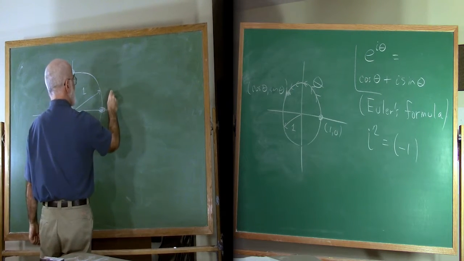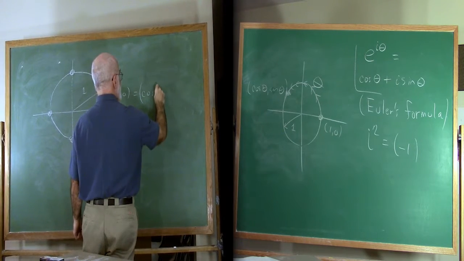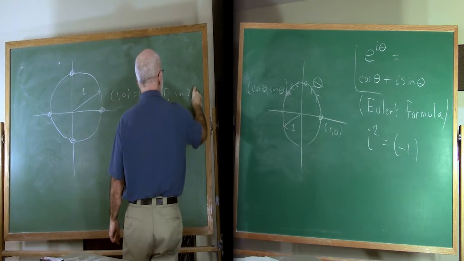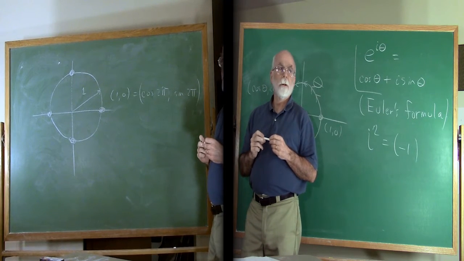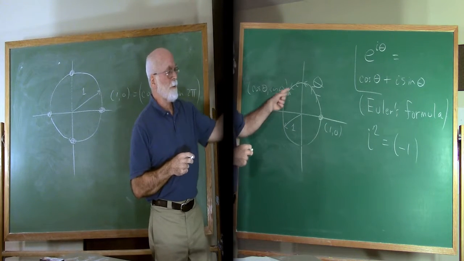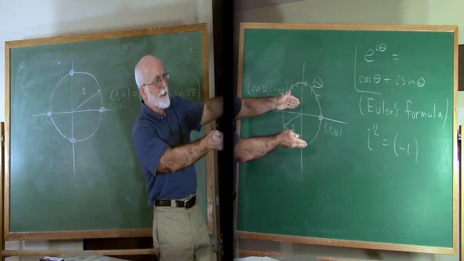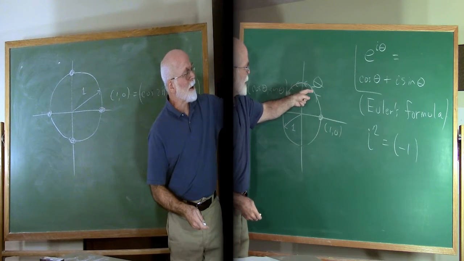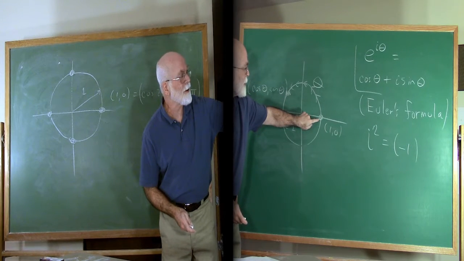Starting at 1, 0, we found out that's the cosine of 2 pi, comma, sine of 2 pi. It's actually more than that. In this general definition, imagine you shrunk theta. You started squeezing theta down to nothing. Smaller, smaller, smaller. When you squish it to nothing, you're back at 1, 0.